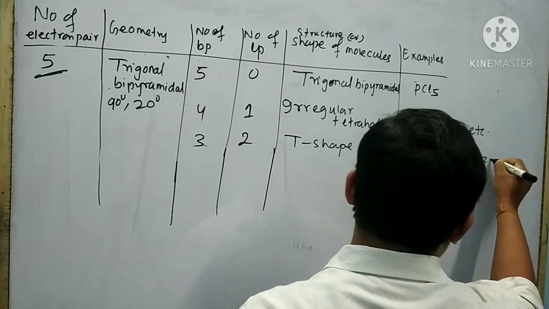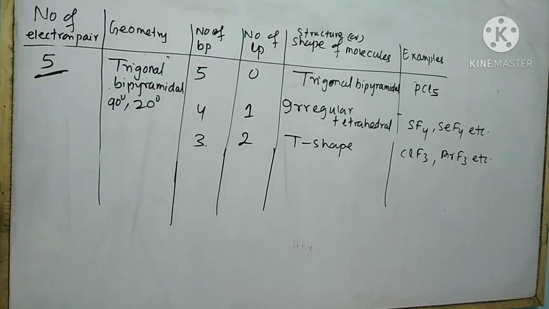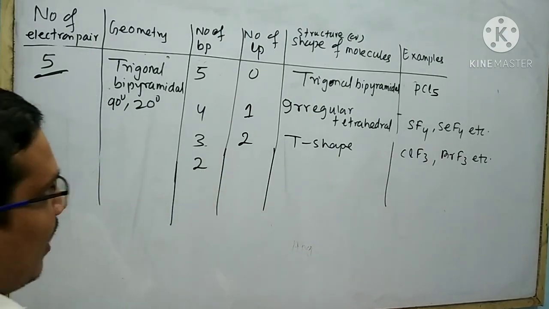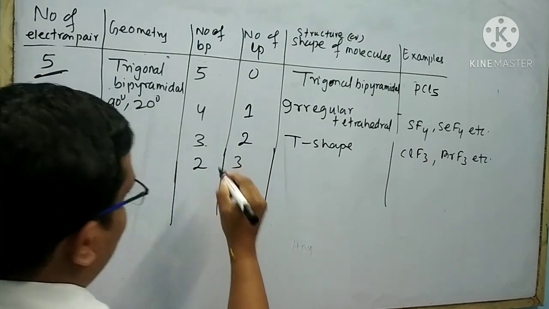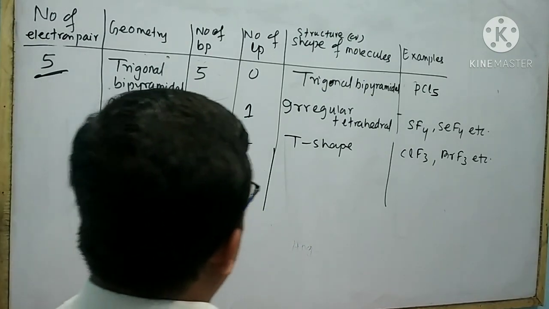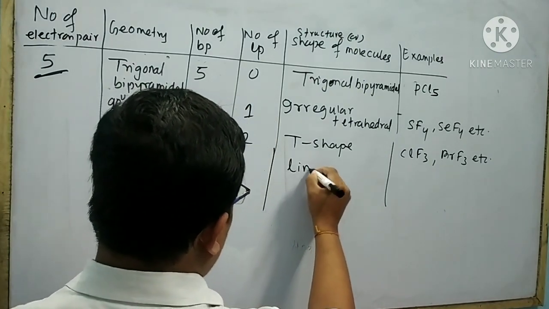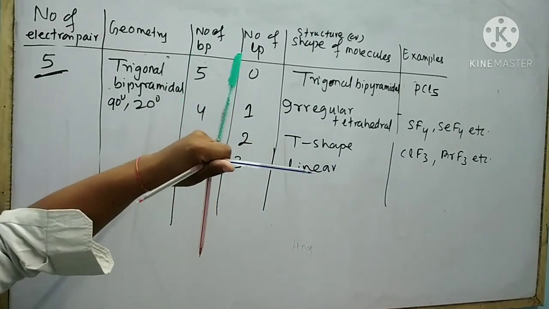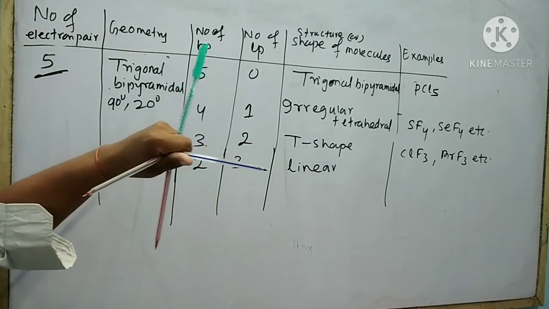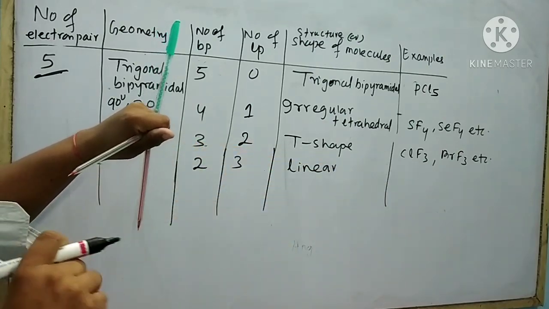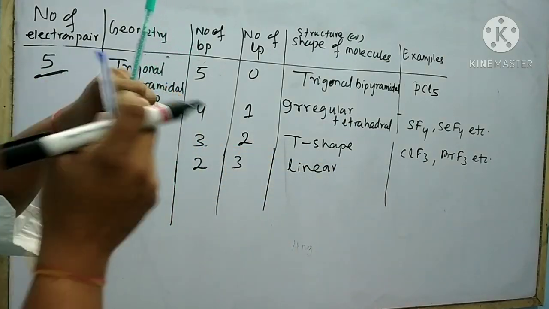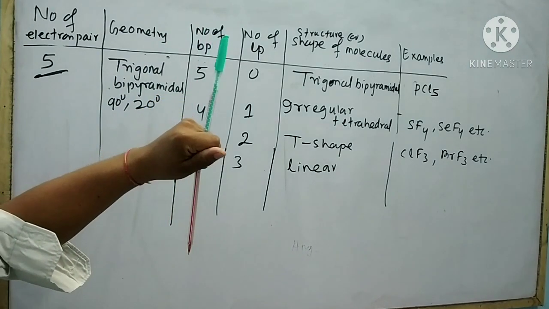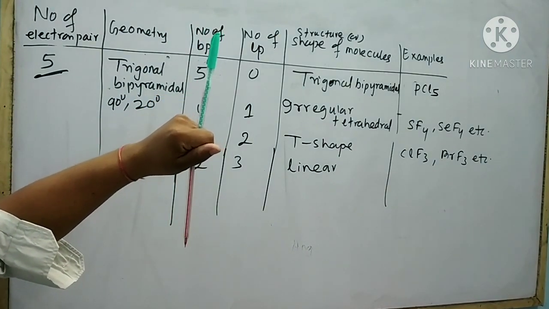BrF3, etc. Suppose among 5 electron pairs, 2 electron pairs are bond pairs and 3 electron pairs are lone pairs, then the shape of the molecule is linear. Look at that, this is your trigonal bipyramidal geometry. Suppose this is your one lone pair, this is your second lone pair, this is your third lone pair, then this looks like a linear shape.